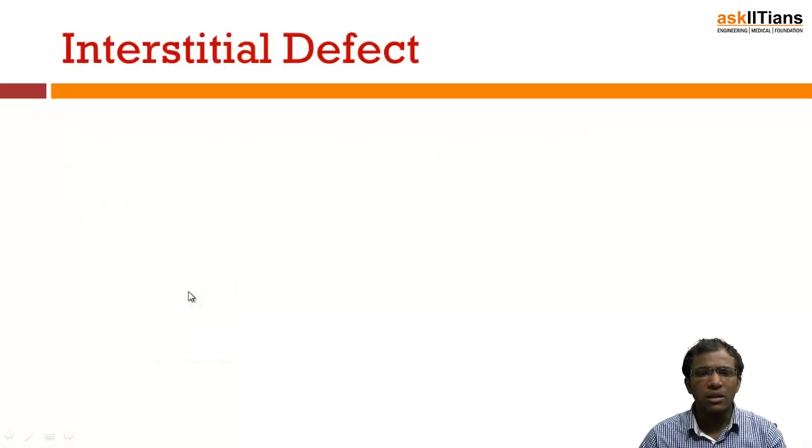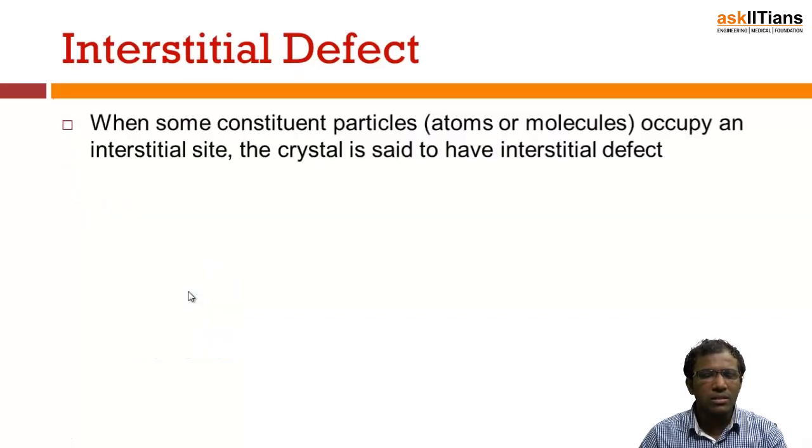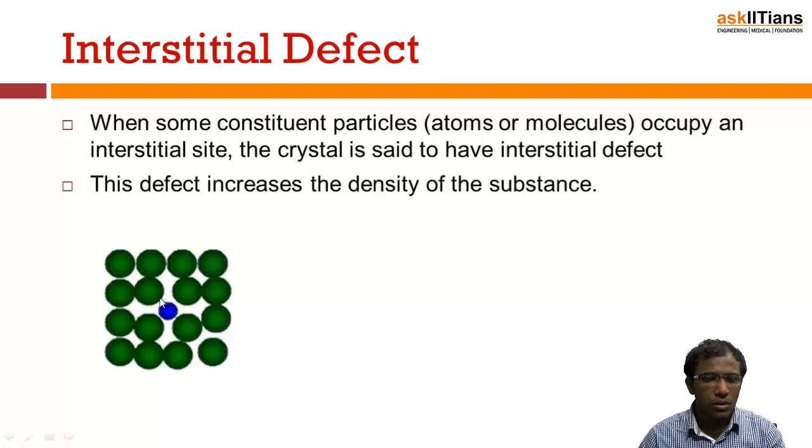Next is interstitial defect. Interstitial defect occurs when some constituent particles occupy an interstitial site, right? So instead of staying in their own site, they occupy some interstitial site. So such type of defect is known as interstitial defect, and this defect increases the density of the substance, right?